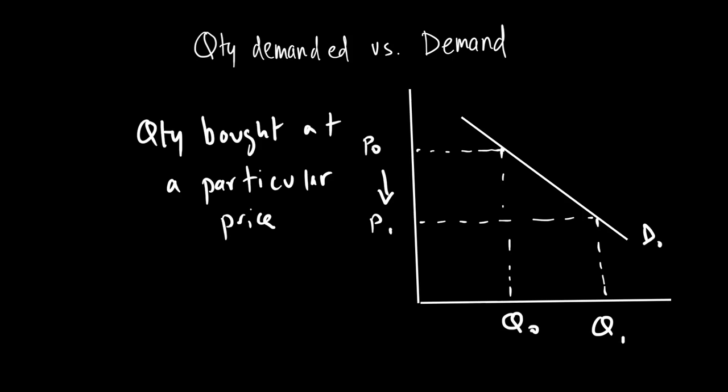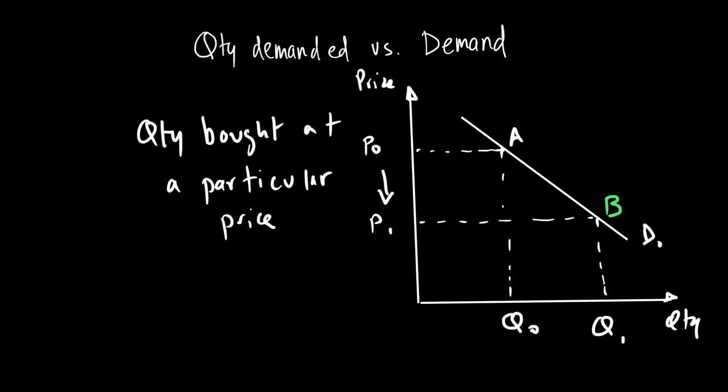So while this is the demand for a particular good, let's say this is the demand for cars, let me label this price and quantity. When this is the demand for cars, the quantity demanded will be the quantity bought at a particular price, which is, for example, at P naught, the quantity demanded is Q naught, while at P1, the quantity demanded is Q1.